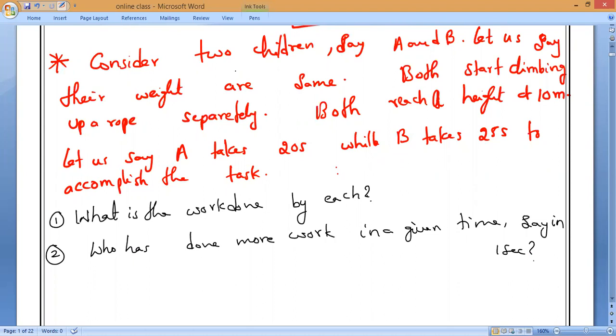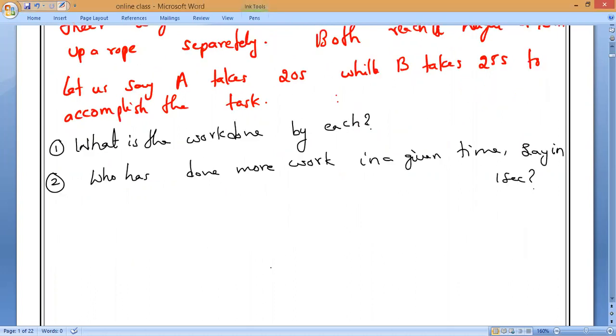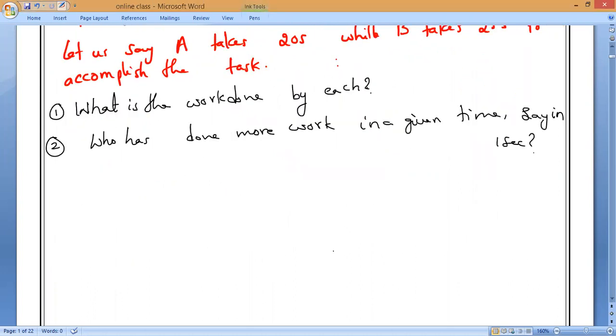So let m be the mass of each child, because they have not given any information regarding mass.